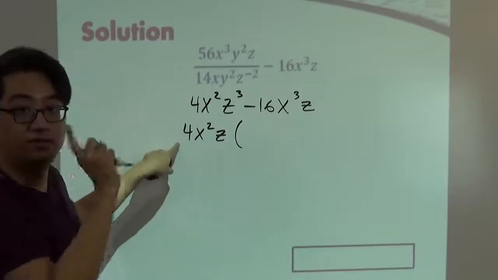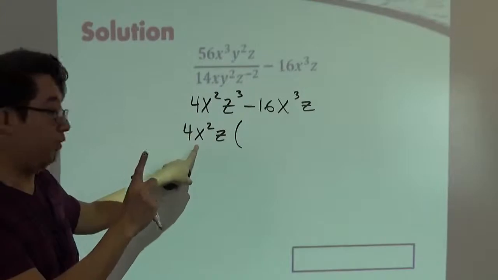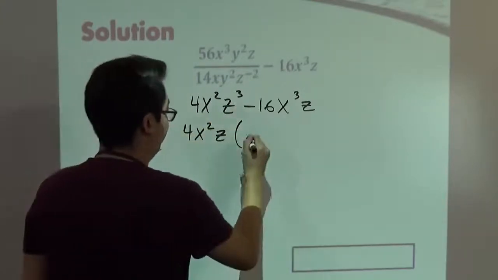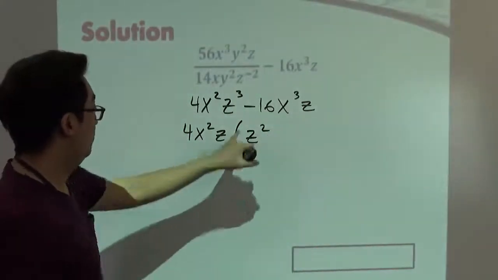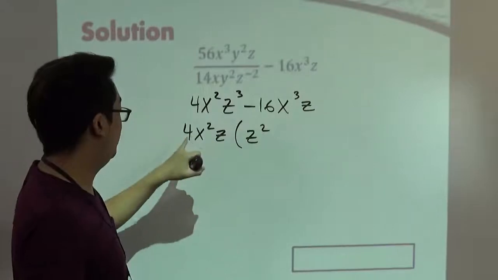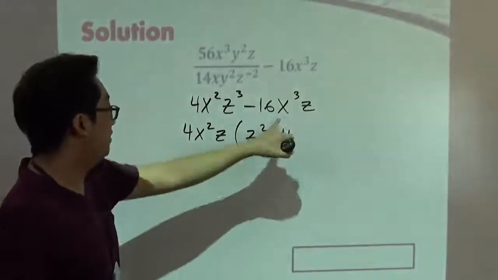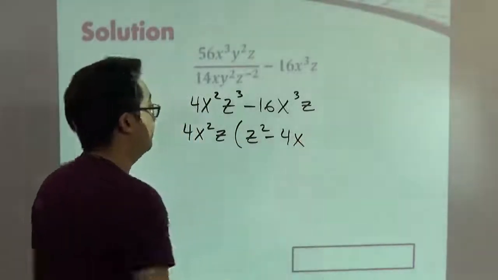4 divided by 4, that's 1. X squared divided by x squared, that's another 1. We're going to have z third divided by z. That's left with just z to the second. Move on to the next term. Negative 16 divided by 4, that's a negative 4. And then x third divided by x squared, that's just x.